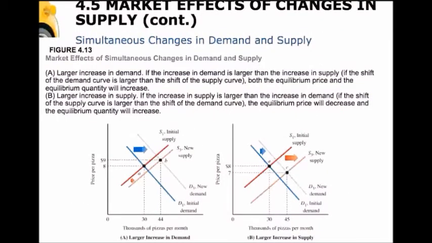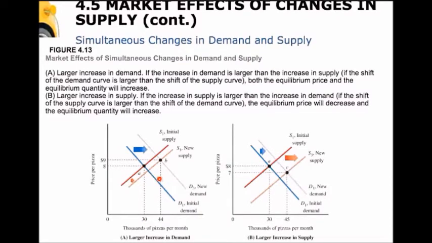Now here's an interesting twist. Suppose we have both demand and supply changing. Well, let's look at simultaneous increases in demand and supply. Let's look over here first in panel A, where we start out at demand curve D1 and supply curve S1. That gives us equilibrium at point A, with a price of $8 and a quantity of 30,000 pizzas per month.